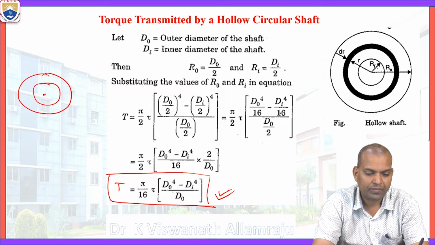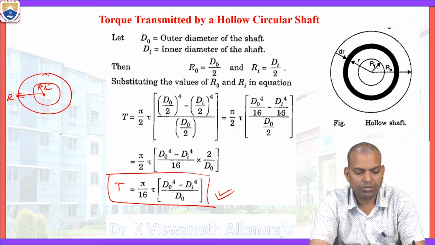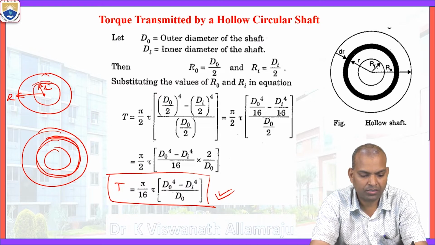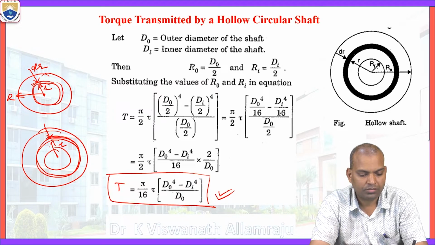Elemental ring, where the elemental ring is at radius small r in the case of solid circular shaft, and in the case of hollow circular shaft it is also r. And what is the thickness of the elemental ring? dr. We consider here also r and dr, between Ri and R0.